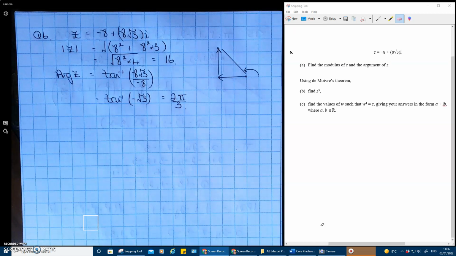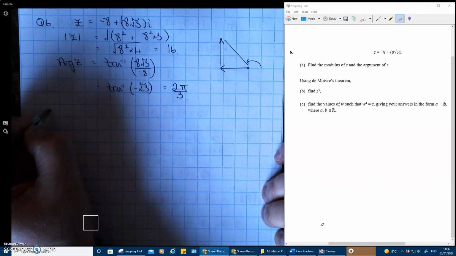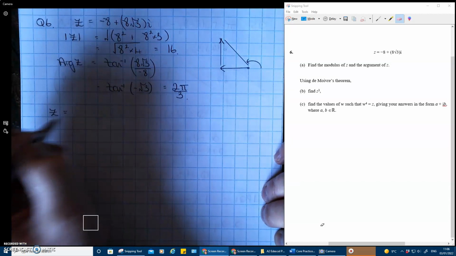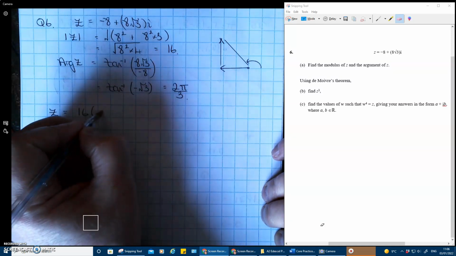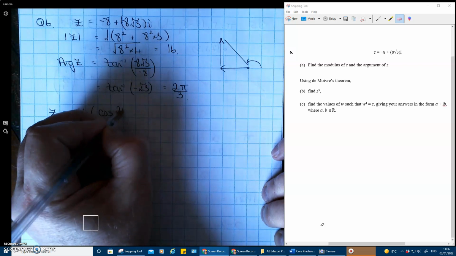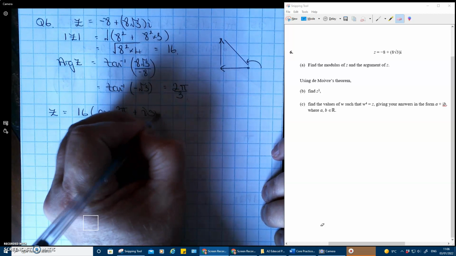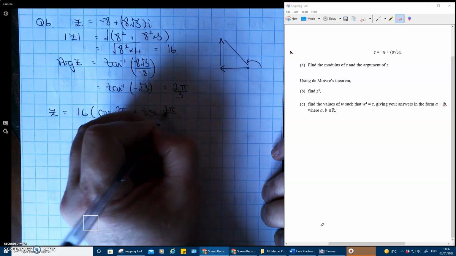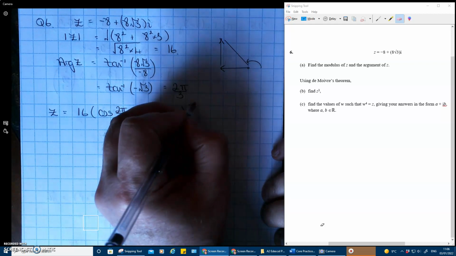Okay, so now I found z. Now I've got to use De Moivre's theorem to find z cubed. So I've got z equals r cos 2 pi by 3 plus I sine 2 pi by 3, and I'm going to raise that all to the power 3.